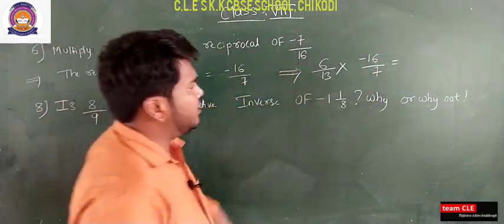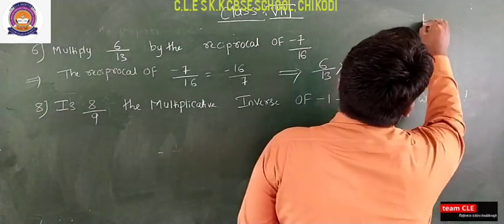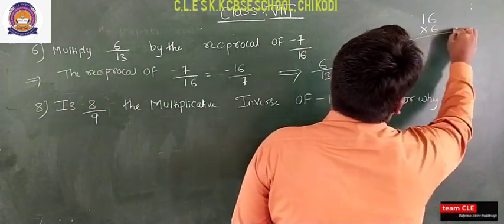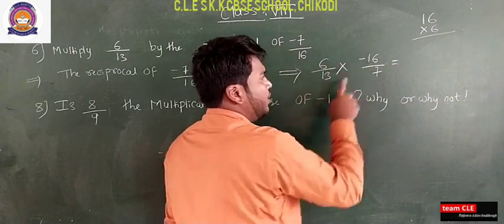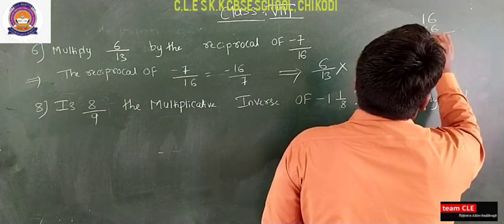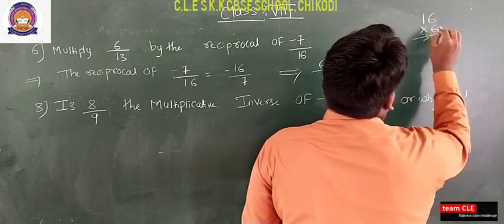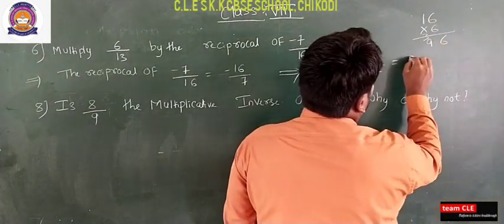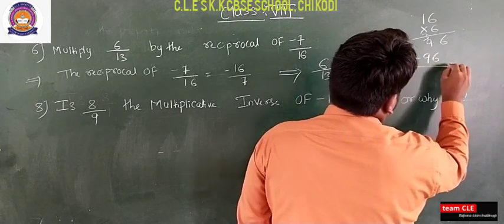So just multiply this numerator with the numerator and denominator with the denominator. 16 into 6: 6 sixes are 36, 6 ones are 6, 6 plus 3, which is equal to 96. So this is minus 96.